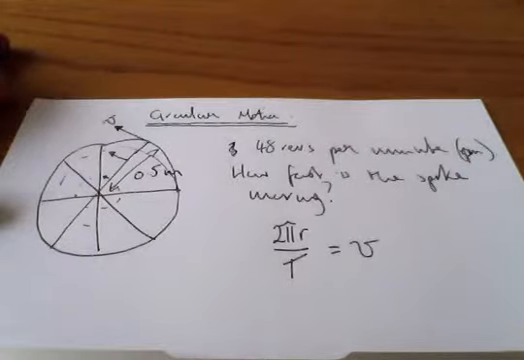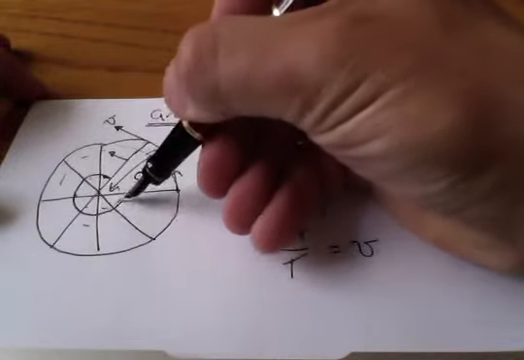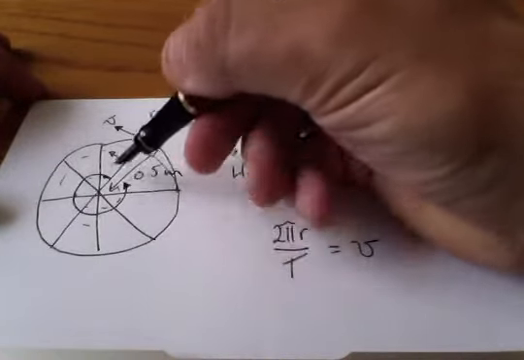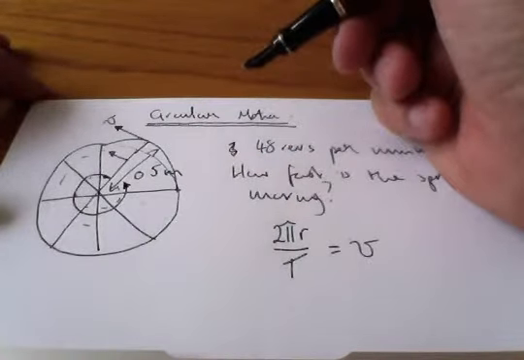I suppose the property we can talk about is how many angles this spoke has cut through in a given time period.